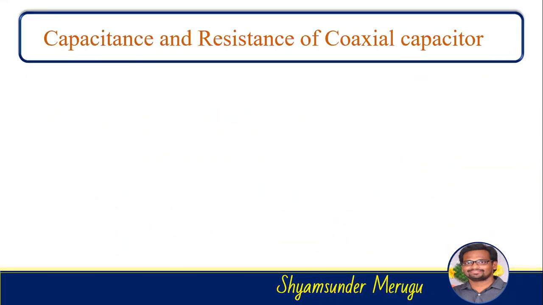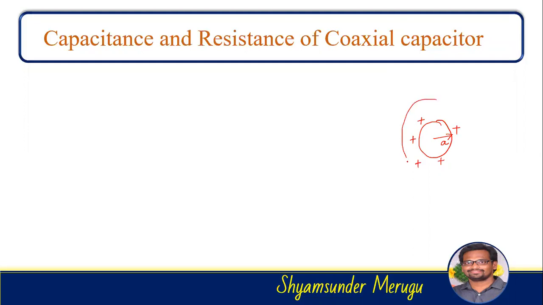Now let us consider the coaxial conductor capacitor here. This is the inner conductor whose radius is A and it is carrying positive charge on its surface.